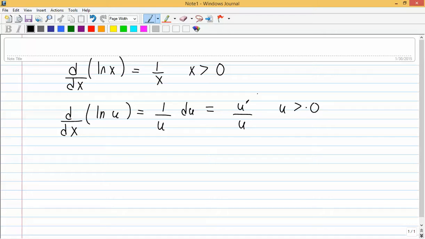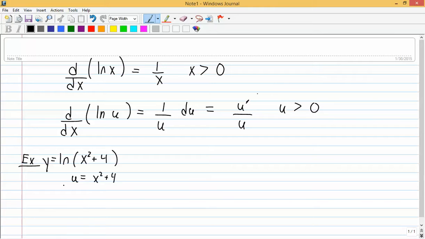Okay, so for example, let's say that I had y equals the natural log of x squared plus 4. And I wanted to take the derivative of this. Then the first thing you need to identify is your u. So your u is always what you're taking the natural log of.